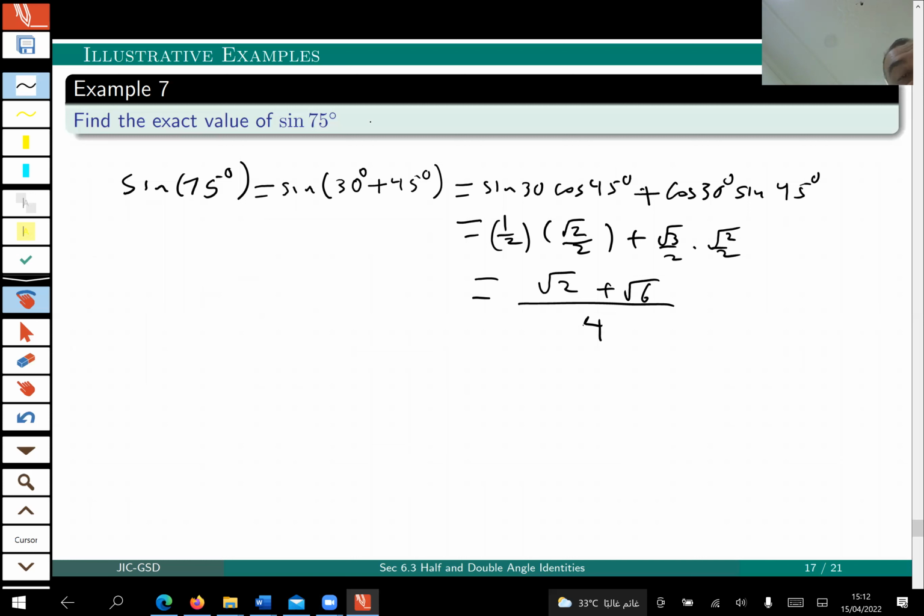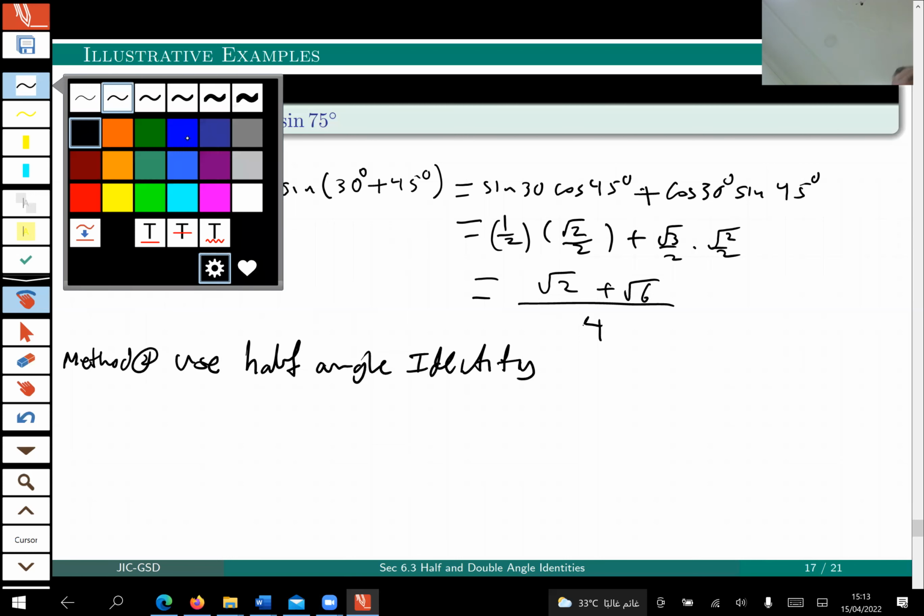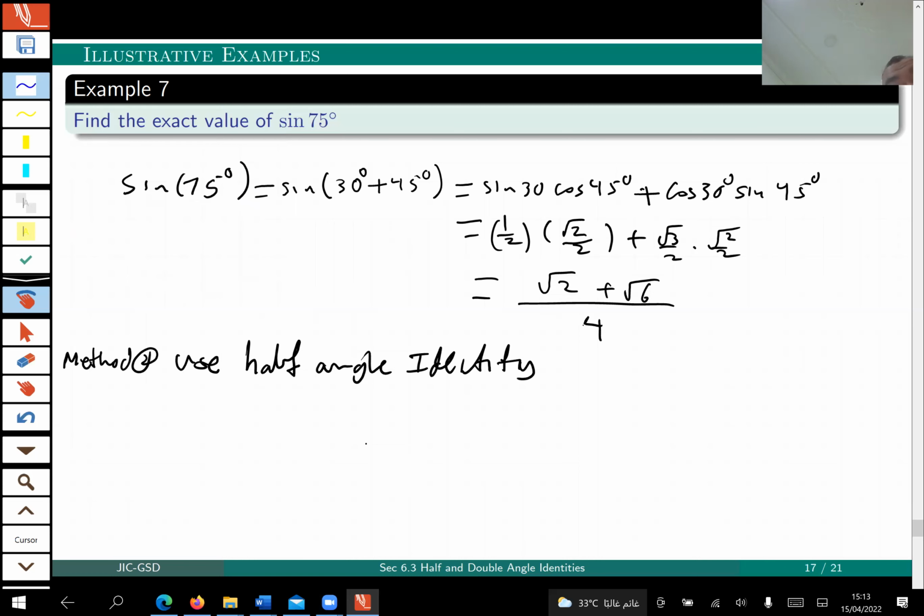But if the problem specifies method 2, using the half angle identity, then 75 degrees is equal to sine of 150 over 2, because 75 times 2 is 150.